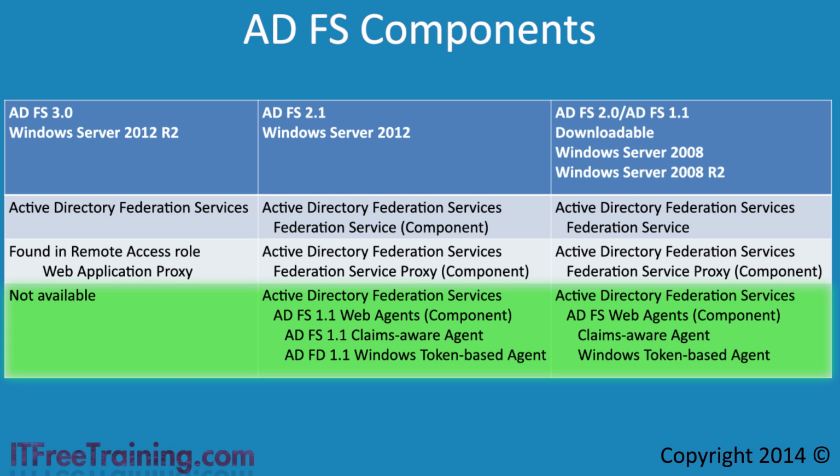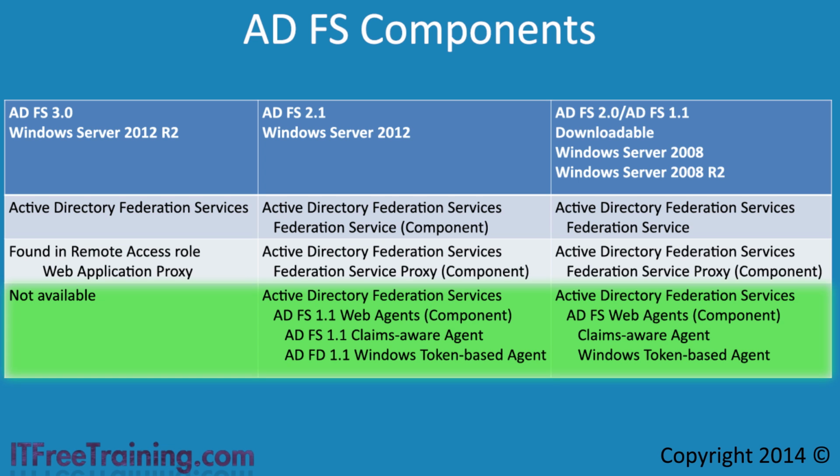In the later version of ADFS, the web agents have the version number of 1.1 in the name. So, in effect, regardless of what the version of the web agent is, they perform the same role and have the same features regardless of which version of ADFS you are using.